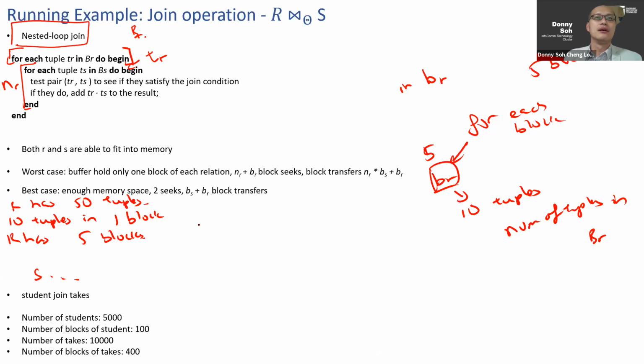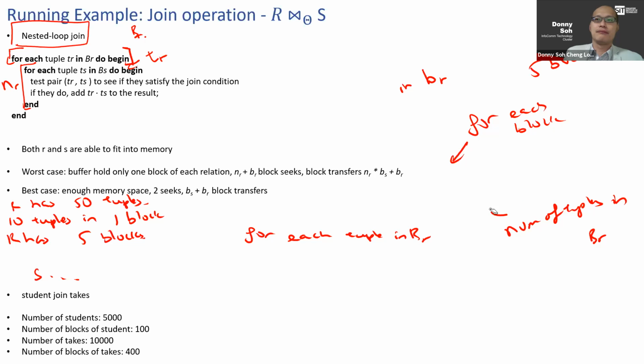So what is happening is that I have, for each tuple in BR, then let's say I have I equals 0 here, I plus plus.